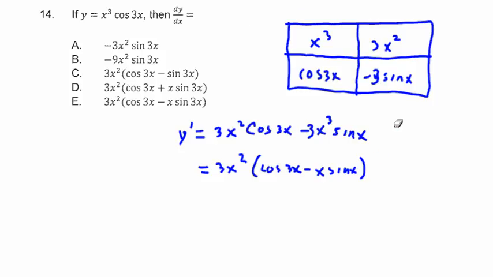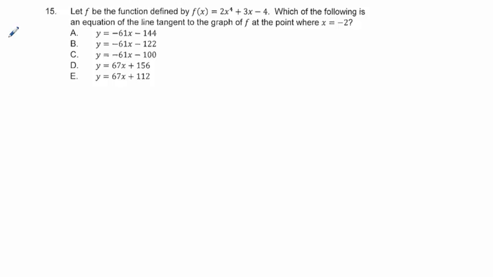I said x, it should be 3x. Again, you'll be able to do these a lot more efficiently than I, having to explain all this as I go. And our answer choice is going to be E for this one.